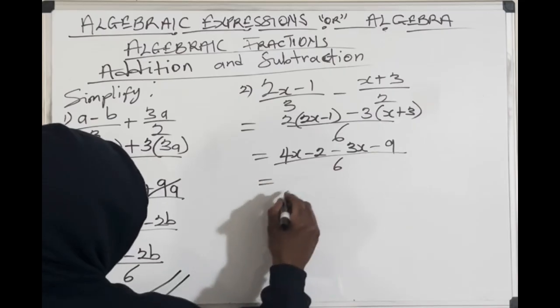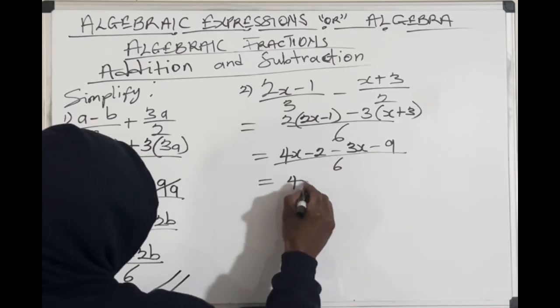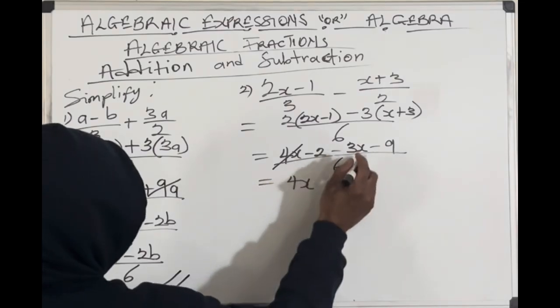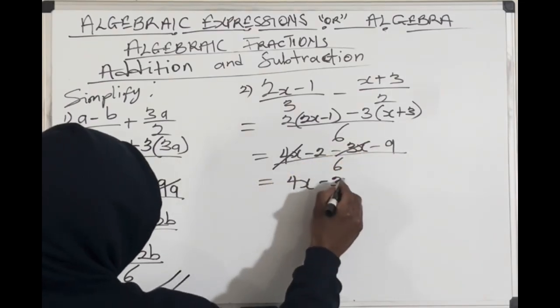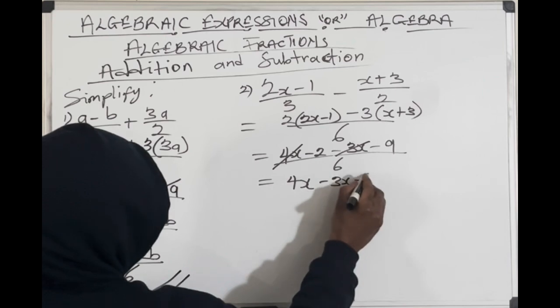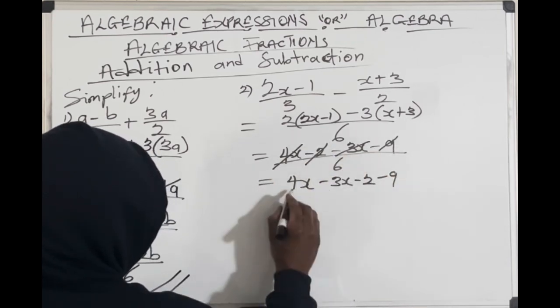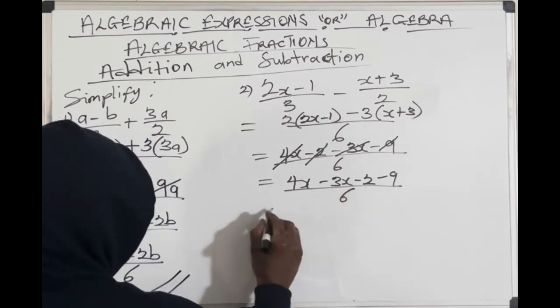All right, let's group like terms: 4x minus 3x, minus 2 minus 9, all over 6.